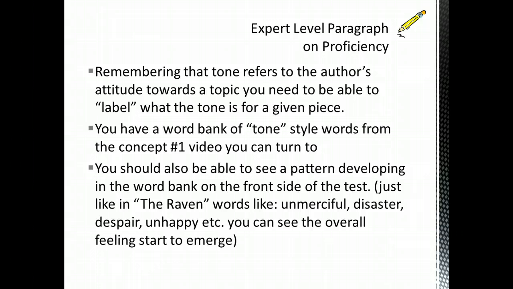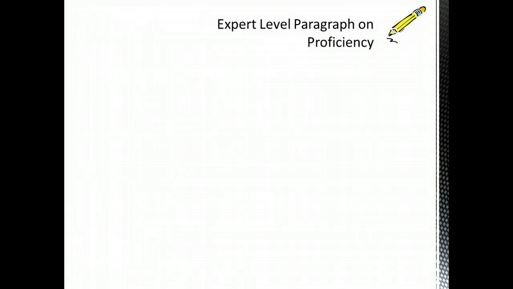But you also should be able to look at that word bank on the first page of your proficiency and start to see hopefully a pattern developing within those 10 suspense words or more that you're asked to find, focusing on word choice. So in The Raven, you see words like unmerciful, disaster, despair, unhappy, etc. And you can see an overall feeling start to emerge when applied to the attitude and idea of the piece itself. So being able to find that and label it is important.